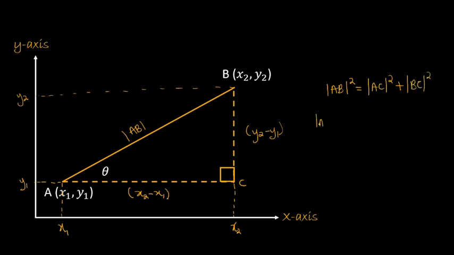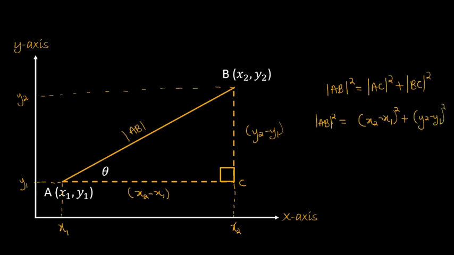So this means the length AB squared will be equal to the length of AC, as I showed earlier on, is (x2 minus x1) squared, plus for B and C it will be (y2 minus y1) all squared.